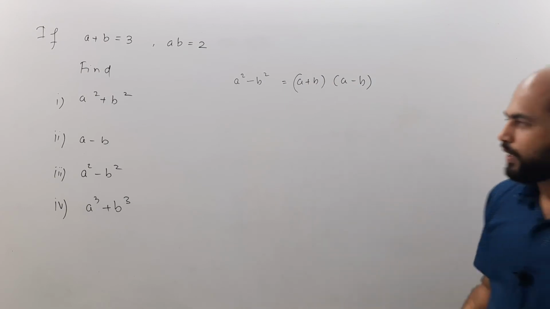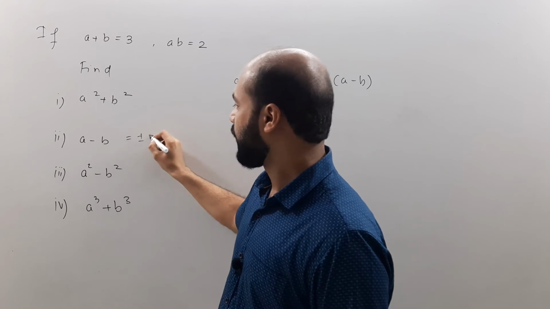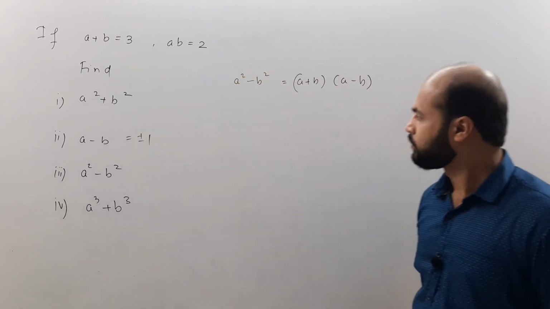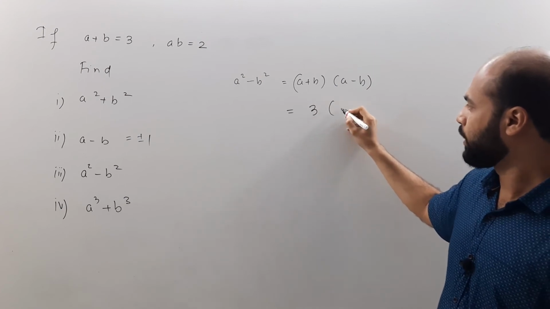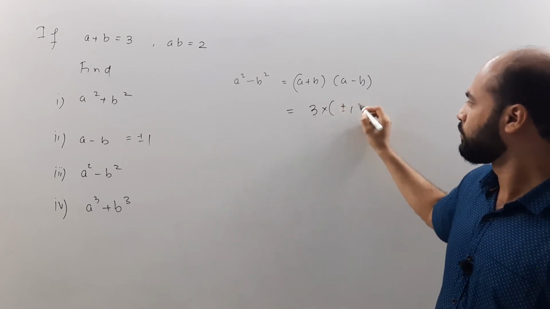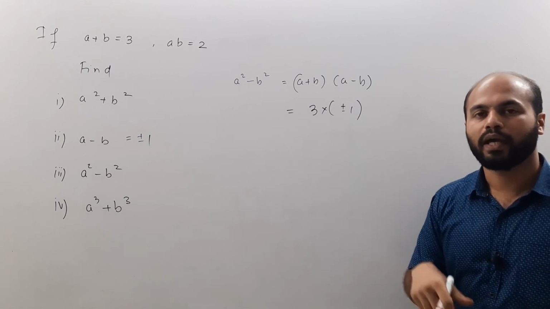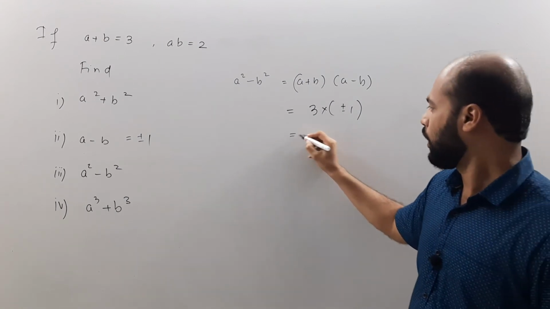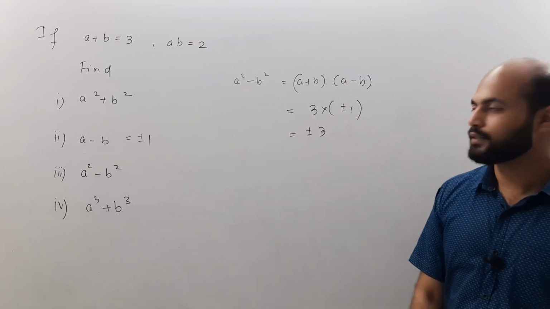So a minus b, if you remember, we got the value as plus minus 1. So a plus b we know, that is 3, and this could be written as plus minus 1. So when it multiplies with plus 1, the answer would be plus 3, with minus it would be minus 3. So answer would be plus minus 3. Both the values are possible in this case.